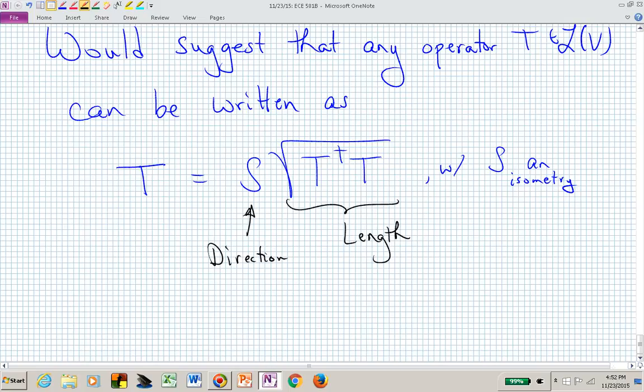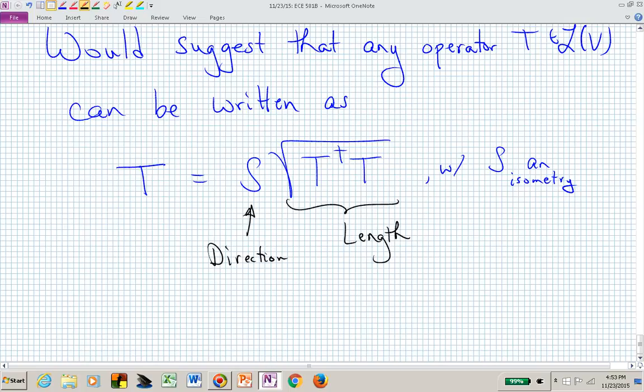So now we've been inspired by just the polar form of a complex number, and now we've been able to factor a generic linear operator into a direction and a length. And we know how to, or we will learn how to produce this direction, this isometry, and this length.